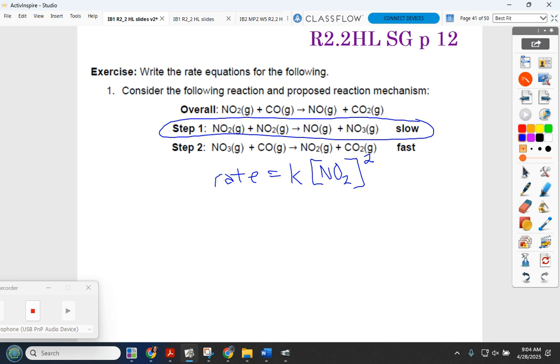So if we have 2 of them, that's going to be the exponent in the rate equation, right? So if the reaction is second order with respect to the NO2, what is the order of reaction with respect to the carbon monoxide?